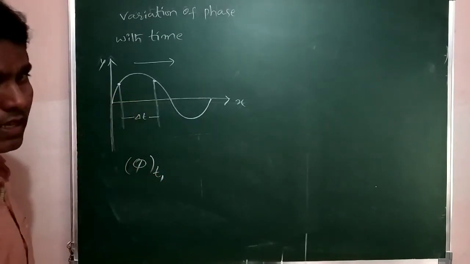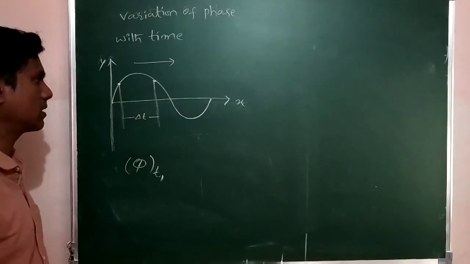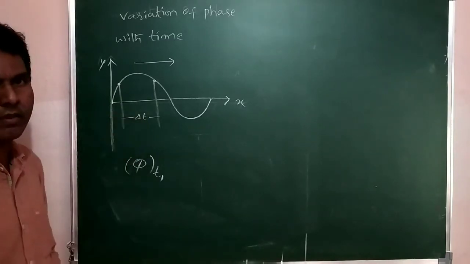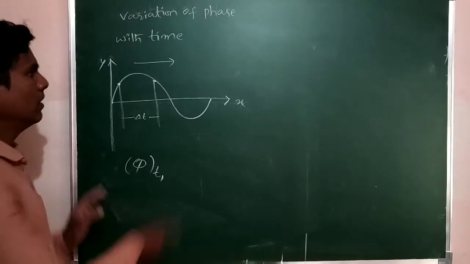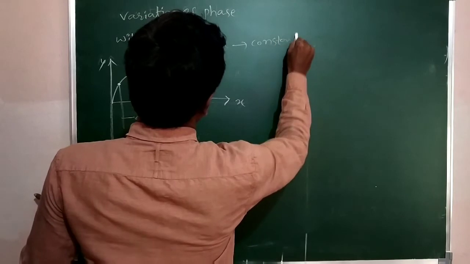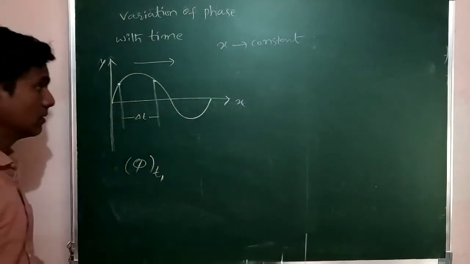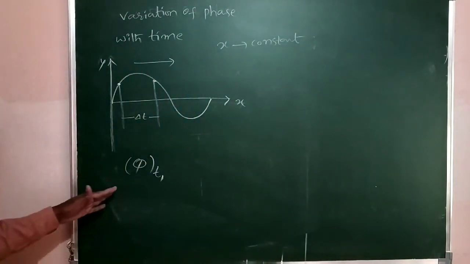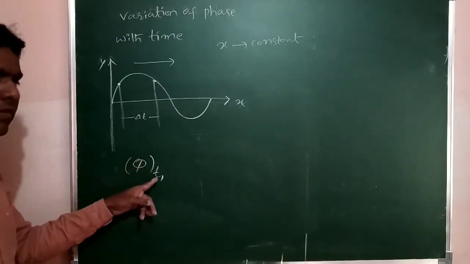The distance of the pulse must be constant when the wave moves along the positive x direction. Here the distance is constant. The variation of time is taken at time t1.